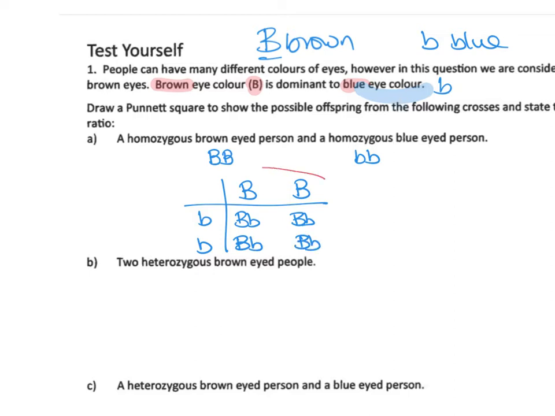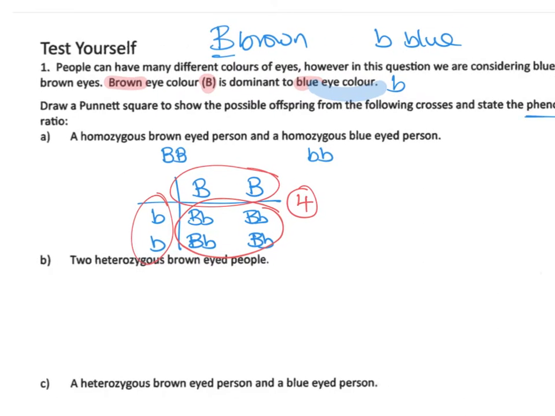In terms of marking it, you get 1 mark for two big B's, 1 mark for two little b's, 2 marks for getting all of these right. If you make one mistake, you'd only get 1 mark. So that's 4 marks for the Punnett square, and then you had to draw a Punnett square, state the phenotype. Okay, so the phenotype, you need to say that all are going to have brown eyes.